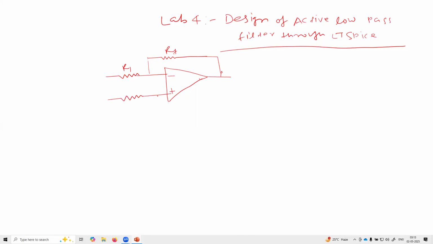From the non-inverting terminal, we are going to connect R and C. From here, we will insert the input. This terminal will be complete, and this one is the output. This is the circuit I have already taught in the classroom.